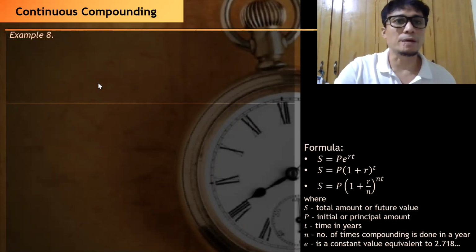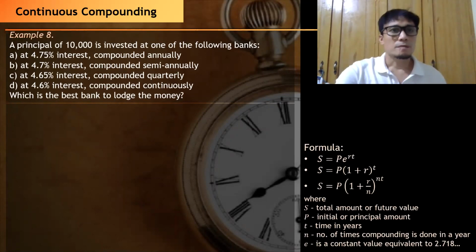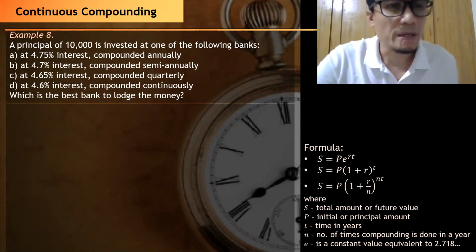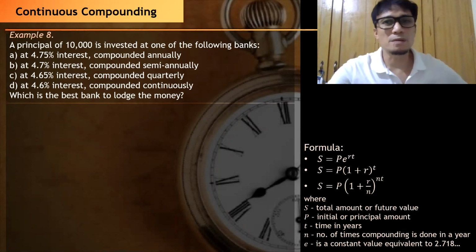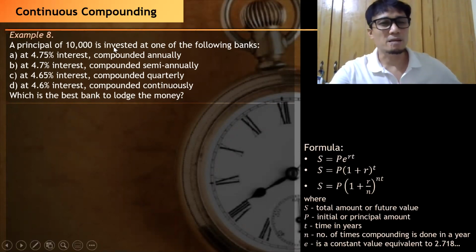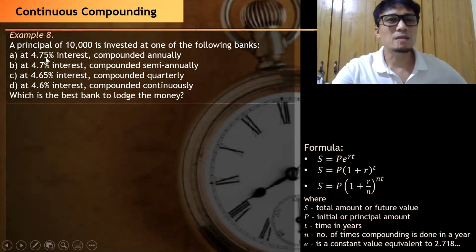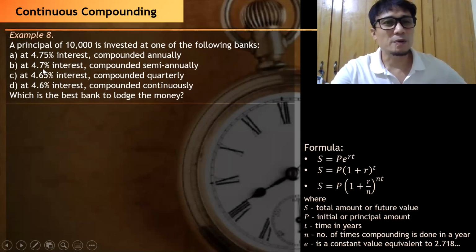Okay, for our last problem, a principal of 10,000 pesos is invested at one of the following banks. First bank pays 4.75% interest compounded annually. The second bank pays 4.7% interest compounded semi-annually.